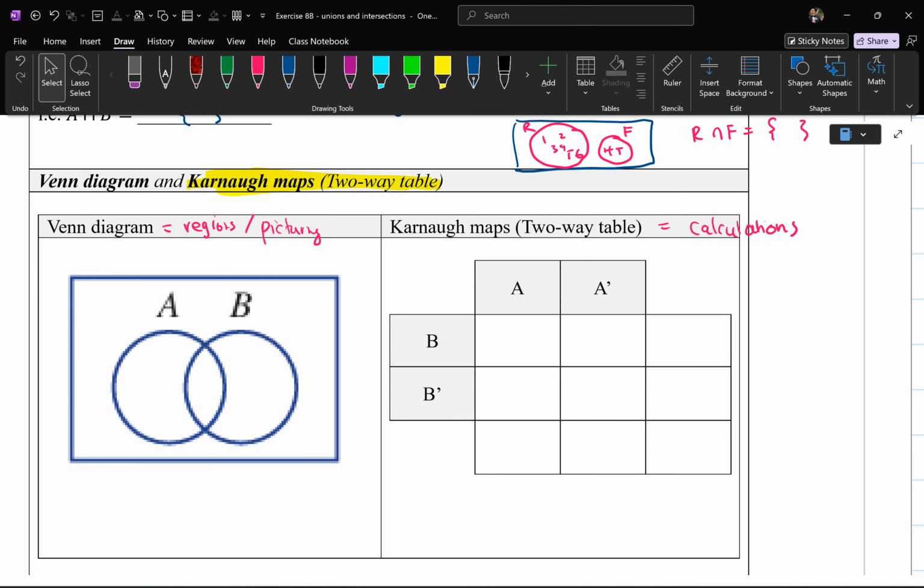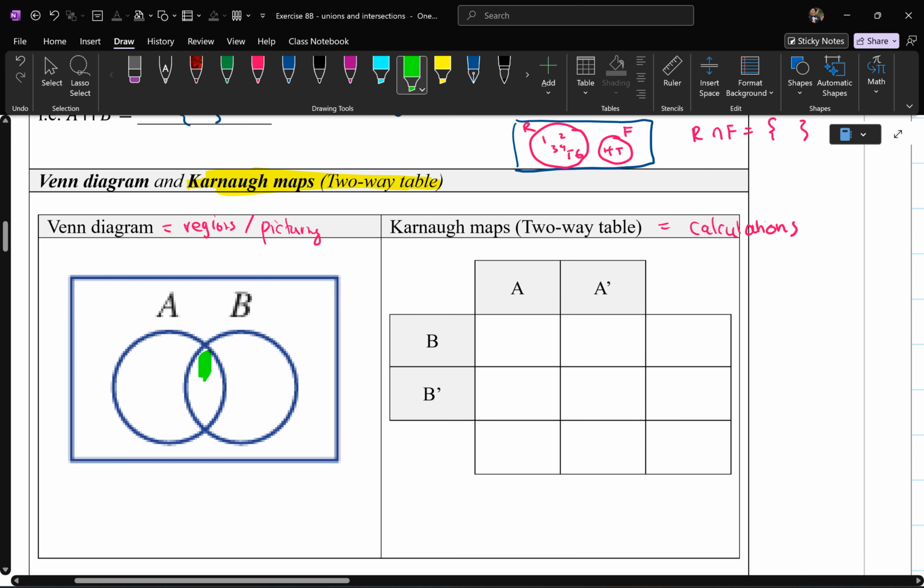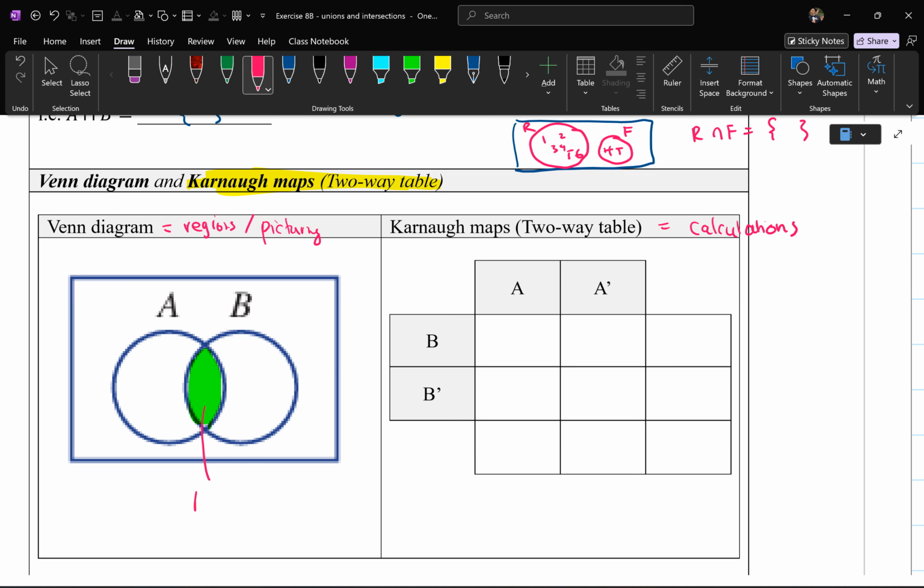So here we go. I'm going to highlight the regions. I want you to see how they link to each other. The region that most students know is this one. What's this region called again? In green. Intersection. This is the region where you say A intersects with B because they overlap. They have something in common.